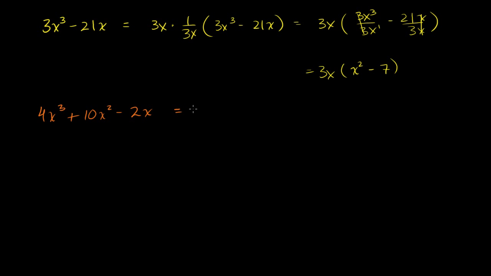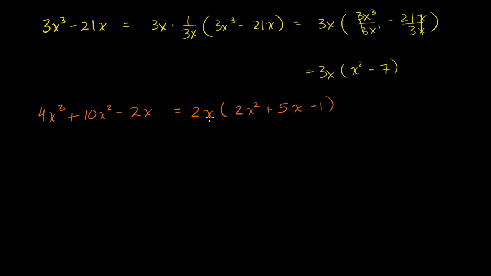So this is equal to 2x times, and when we factor out a 2x, let's divide each of these terms by 2x. 4x to the third divided by 2x: 4 divided by 2 is 2, and then x to the third divided by x is x squared. And then we have plus 10x squared divided by 2x. 10 divided by 2 is 5. x squared divided by x is x. And then finally, negative 2x divided by 2x is just negative 1.